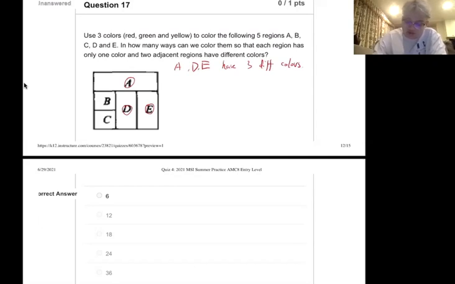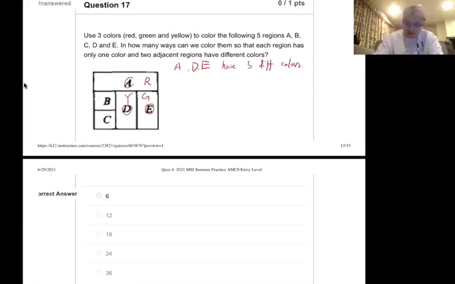For example, if we make A red, E can only be green or yellow. Let's say it's green. And D can only be yellow, right?